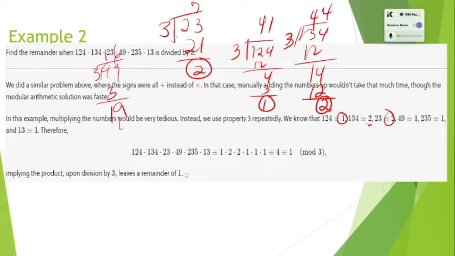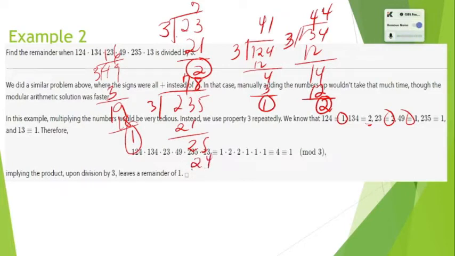So, 6, 18, carry 1. Bring down 1, sorry. So, that is 1. So, tama yan. So, 235 naman. Divide natin sa 3. So, that is 7, 25, 8. So, that is 24. So, 1 ang remainder. So, ganun ang pagkuha nito.